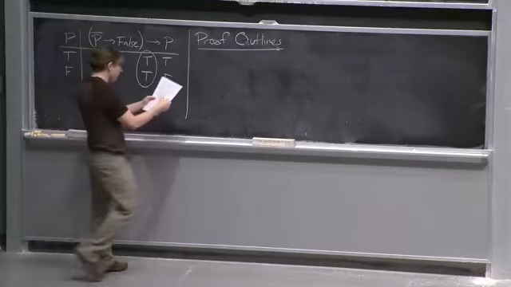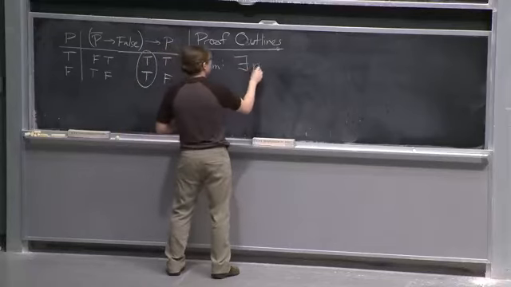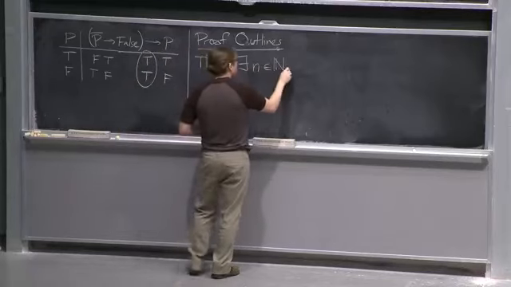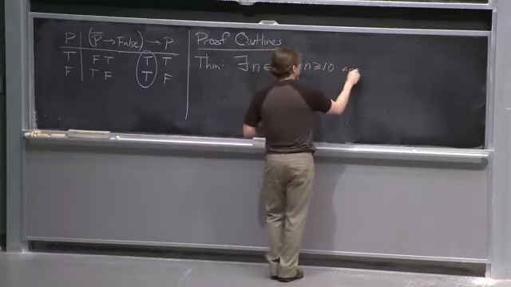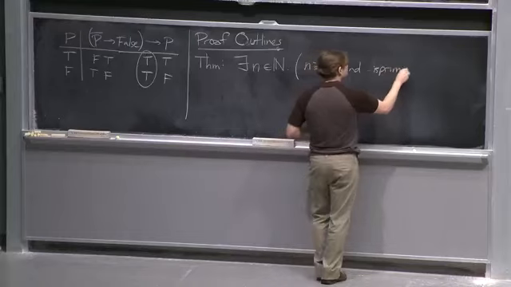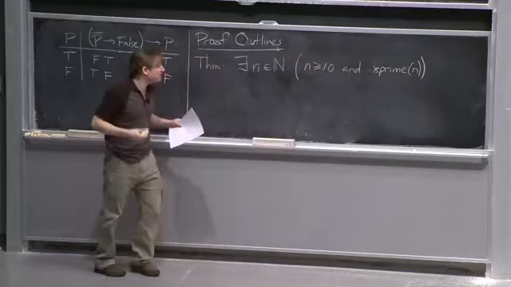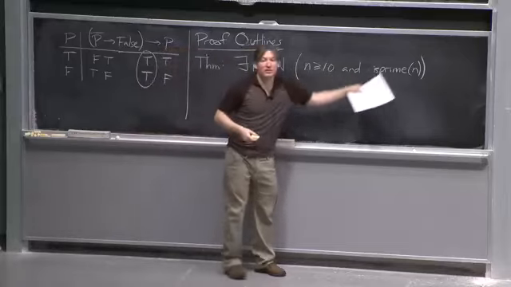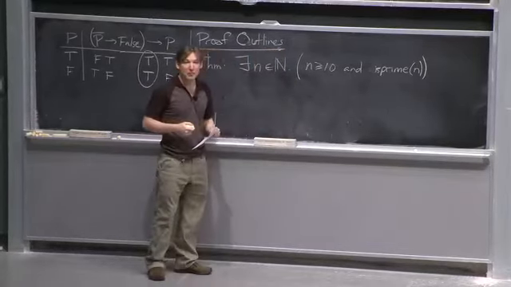For example, if we have a theorem: there exists a natural number n such that n is at least 10 and n is prime. Here's our theorem. There exists a number that's at least 10 and is prime. There exists a prime bigger than 9.